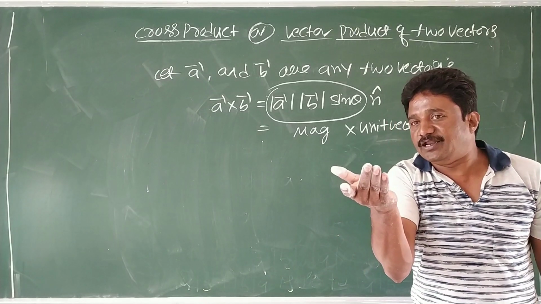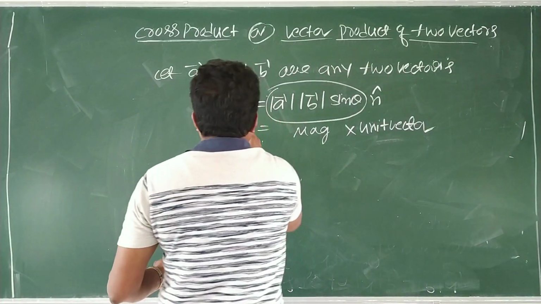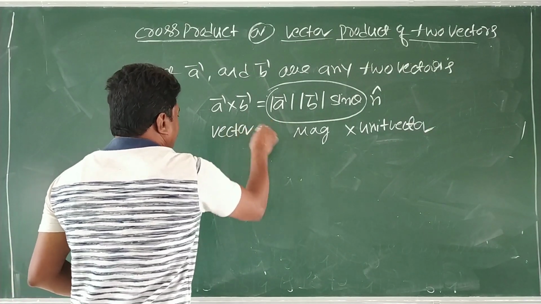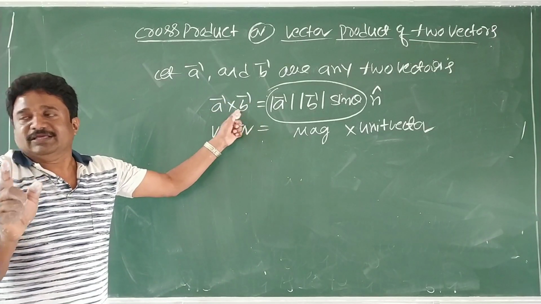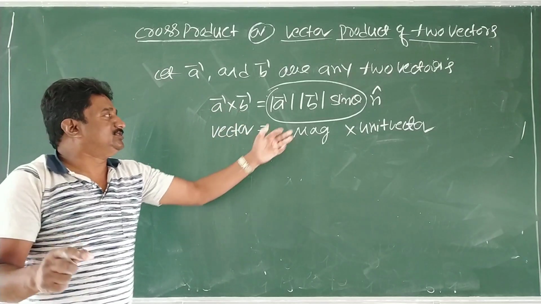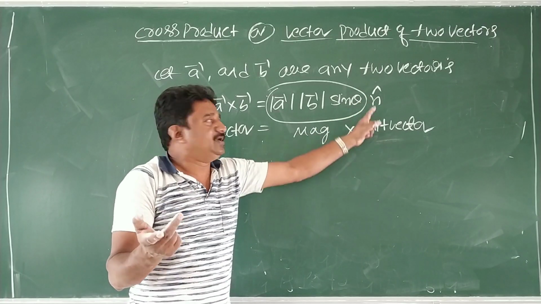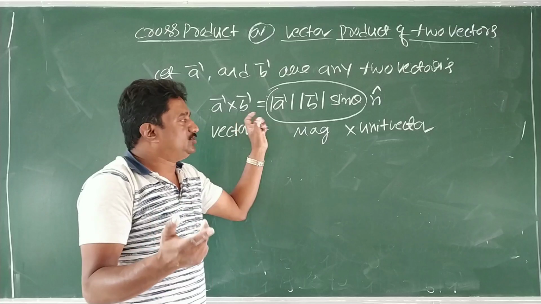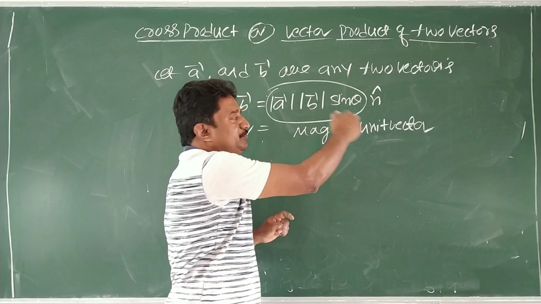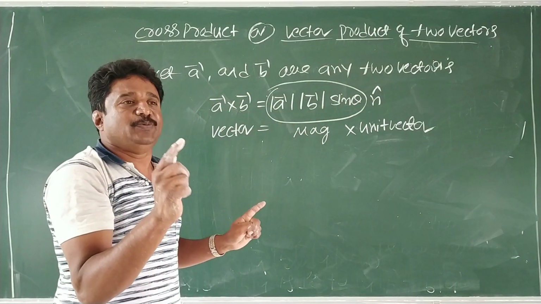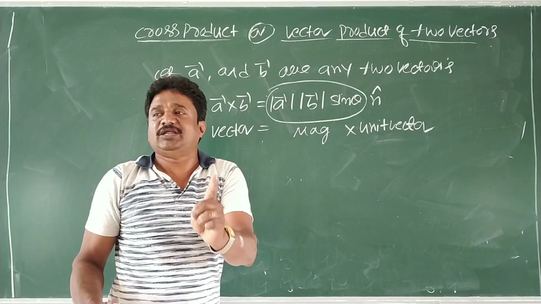We have a definition for vector: magnitude into unit vector. So A cross B is not a scalar quantity. A cross B is a vector because it has both magnitude as well as direction. Unit vector means direction. So dot product is a scalar quantity, whereas cross product is a vector quantity.